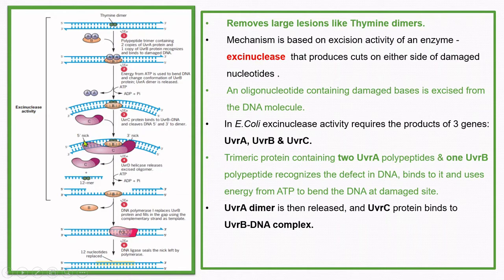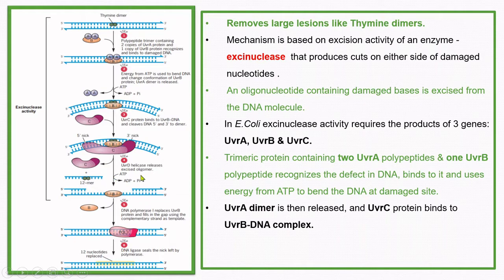Now you see here the cuts have been made, and this portion of DNA is separated from the rest of the DNA molecule. There is another protein, UVRD, which has helicase activity. This UVRD then removes this excised short nucleotide chain, which is around 13 nucleotides, and now UVRC is also released.